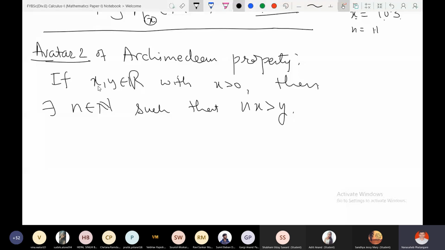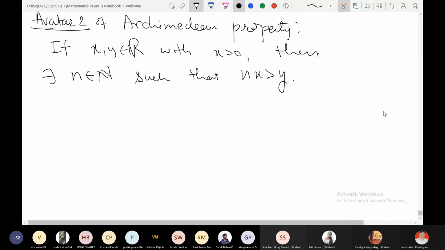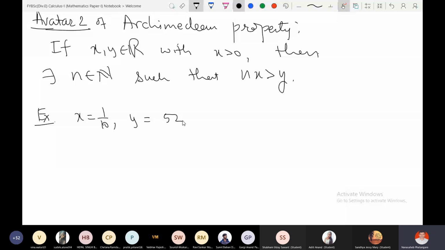Right. So what it says, given any two real numbers, if x is positive, y whatever, positive or negative doesn't matter, I can produce a natural number so that nx is greater than y. For example, if I take x equal to 1 by 10 and y equal to 52, then what is n such that nx is greater than y?